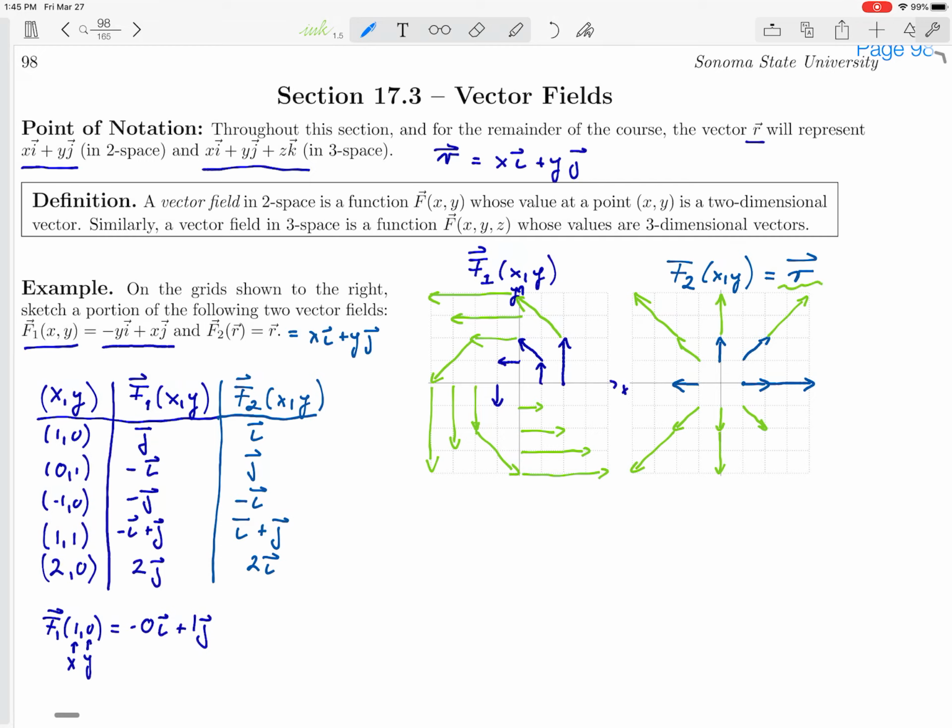And that makes sense because the vector field says, well, at any point, draw a vector that is xi plus yj, and so if x and y have bigger inputs, then we get longer vectors, and we are always pointing straight out from the origin.